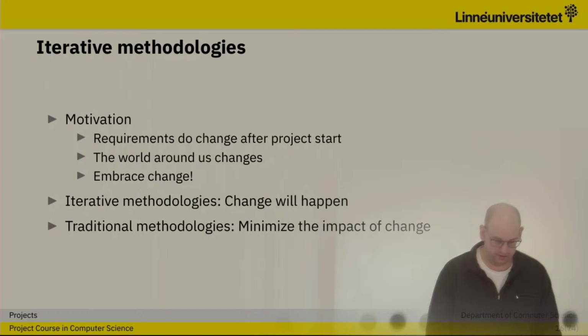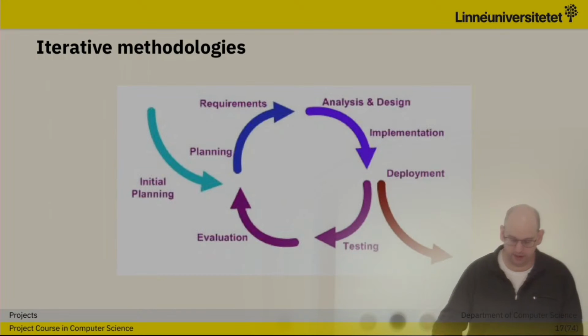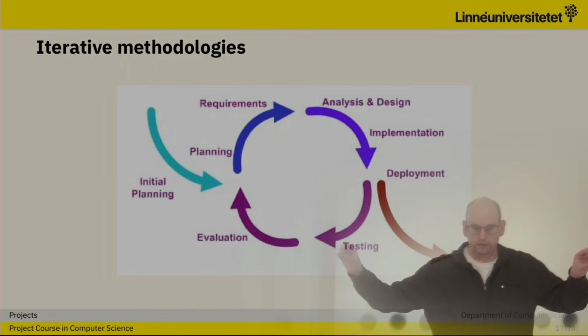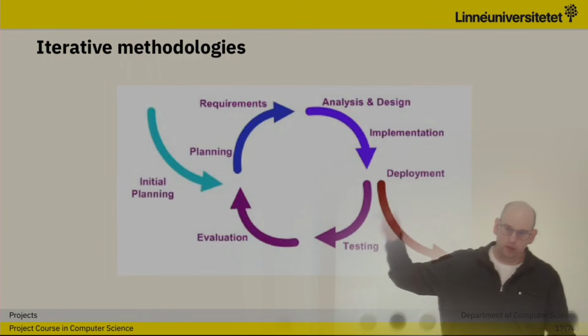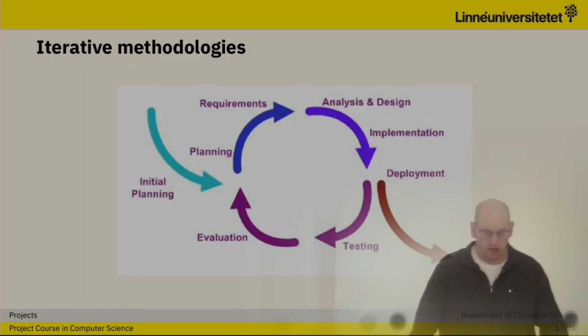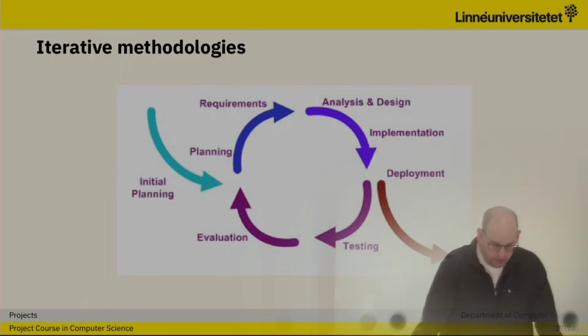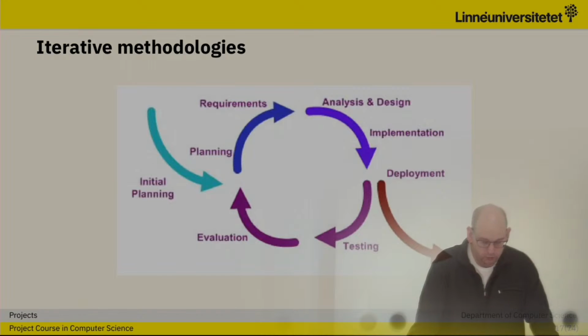That worked nicely for a while, at least. It made things better. So it goes around in iterations instead. So we do initial planning, requirements, analysis, design, implementation, testing, evaluation, all of this again and again and again.